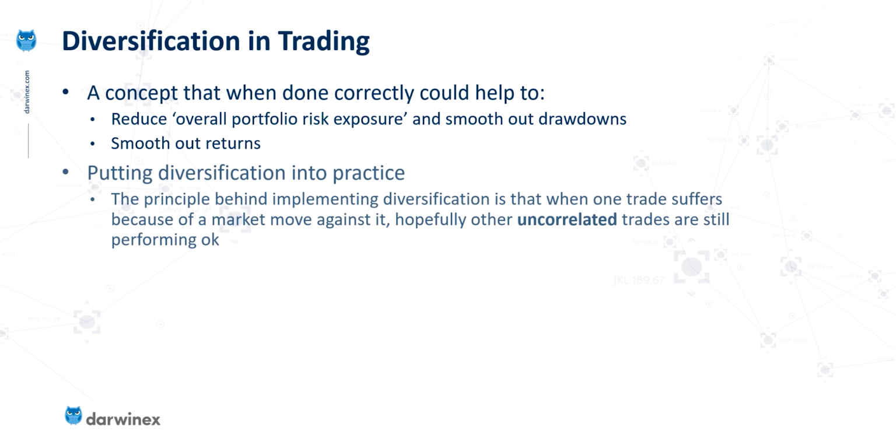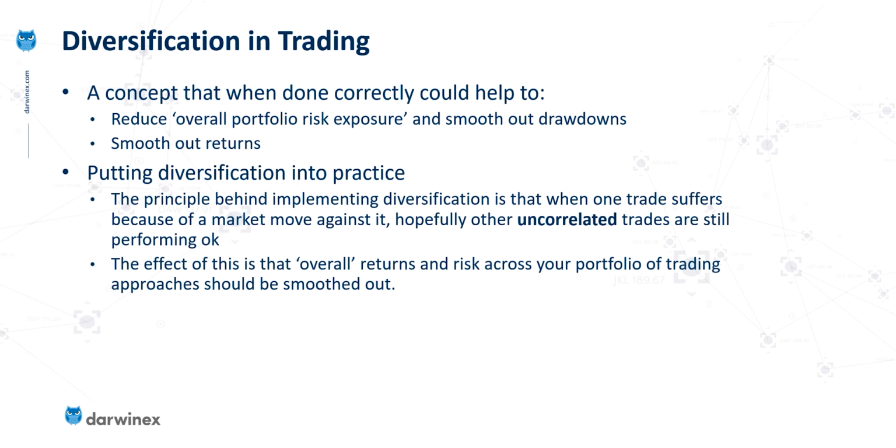And the whole principle behind this, of course, is that when one trade is suffering because of maybe a market move against it, hopefully other uncorrelated trades are still performing well. And again, pay particular attention to the word uncorrelated. This is particularly important when we talk about diversification.